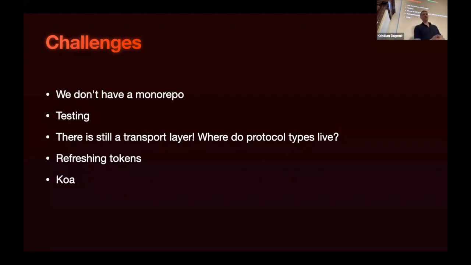So that was something. There's also the thing with these types that we're sending back and forth. There's still a transport layer, even though it looks like we can just call a function now. For instance, we're making calls to Stripe, the payment system, and that has a bunch of TypeScript types.